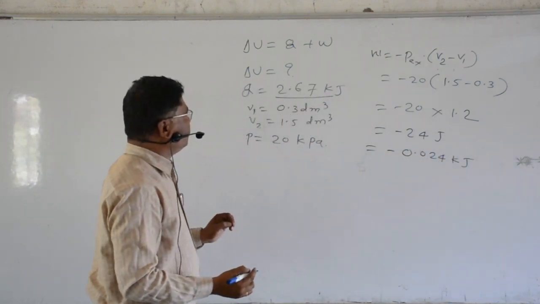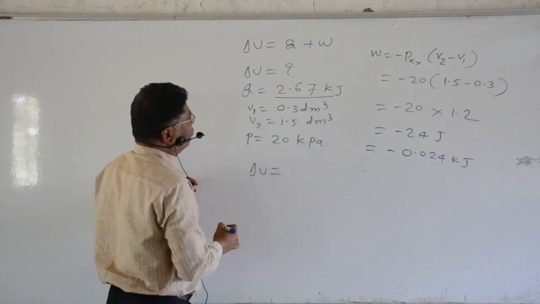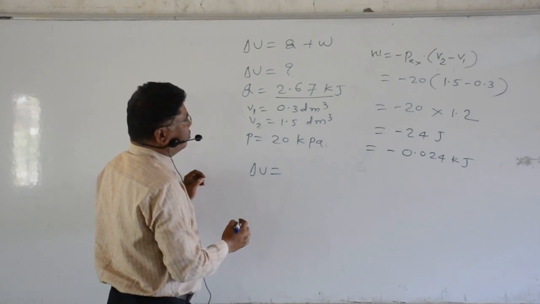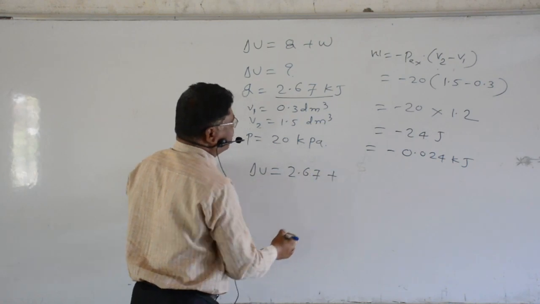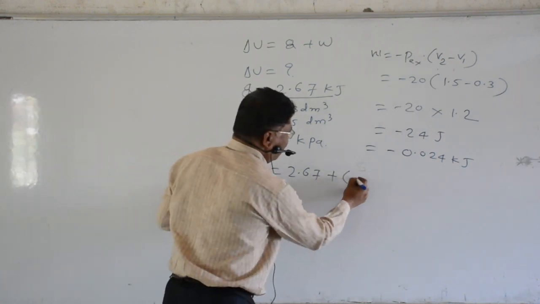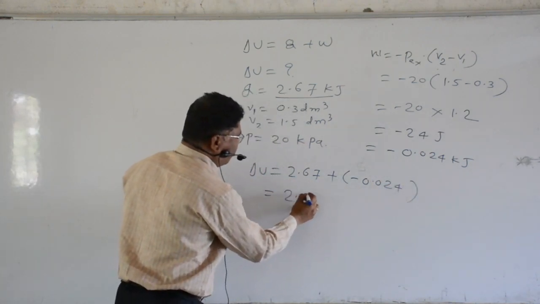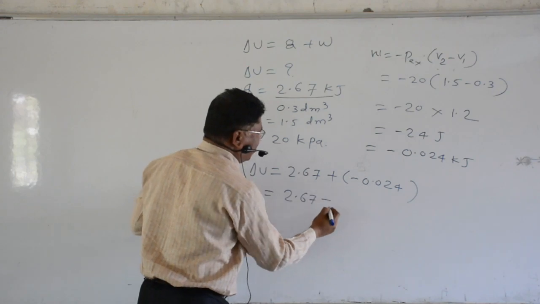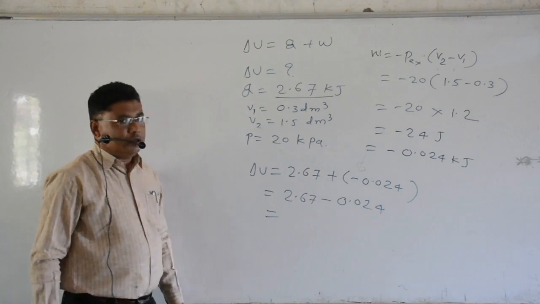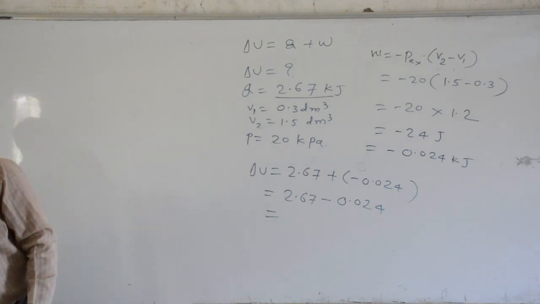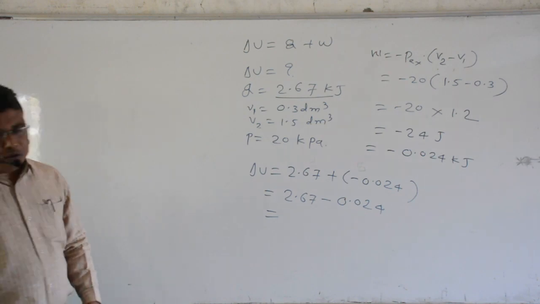So here delta U is equal to Q plus W, that is 2.67 plus minus 0.024, that is equal to 2.646 kilojoule.